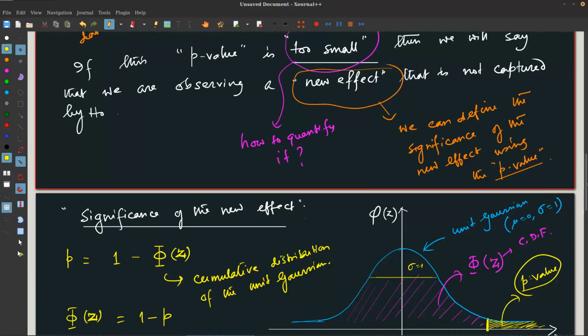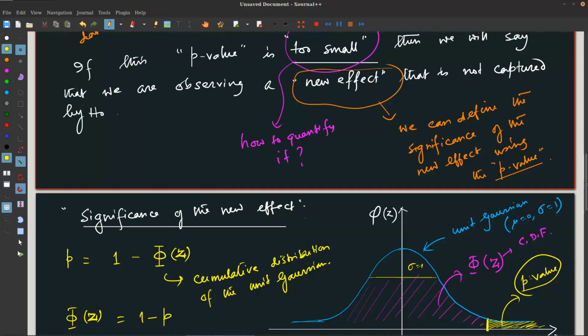So you are saying that you have observed data which is not captured by your standard hypothesis, that means you need to expand your theory space. You need to try theories other than this H0. So that gives you a hint that you should try different hypotheses. So this hypothesis is not good enough to explain this data.